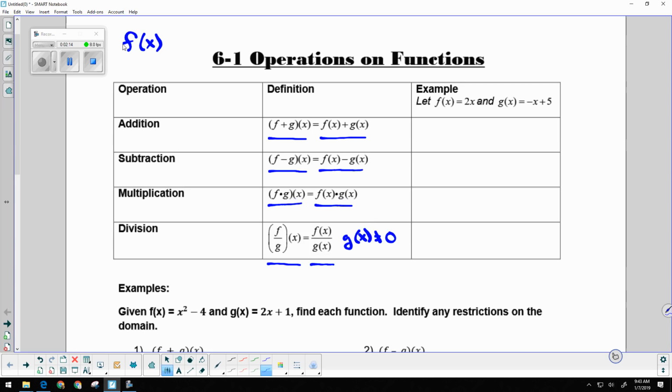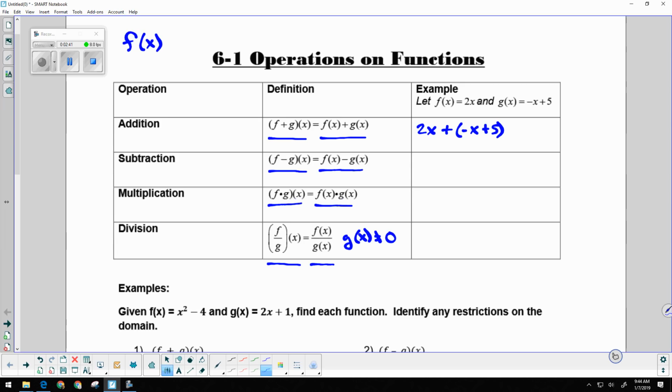Now, let's go ahead and go through four different examples. You're given the fact up here at the top that f of x is equal to 2x, and that g of x is equal to negative x plus 5. So the first example, addition: f of x plus g of x. Well, f of x is 2x plus g of x, which is negative x plus 5.